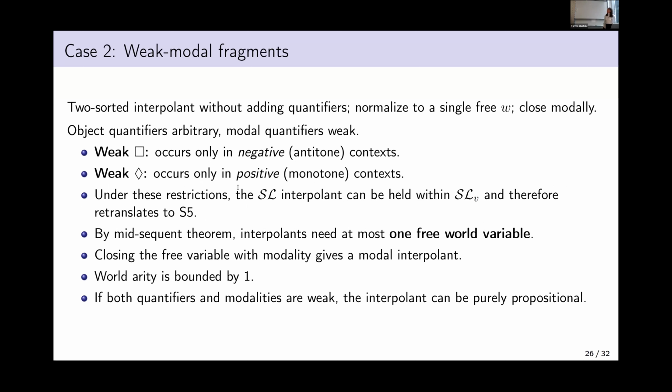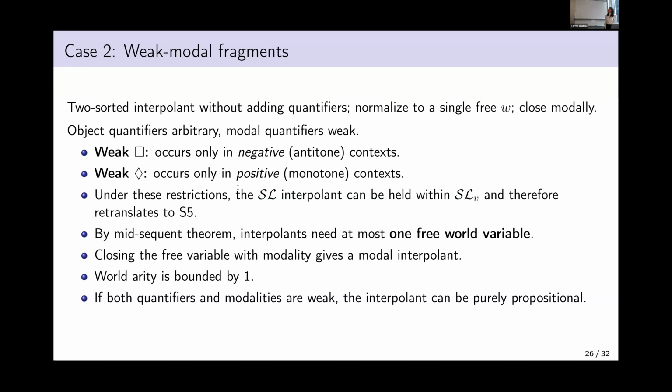The second case is the big modal fragments. So we have arbitrary object quantifiers and arbitrary modal world quantifiers, but they are weak. For example, weak box occurs only negatively, and weak diamond occurs only positively.